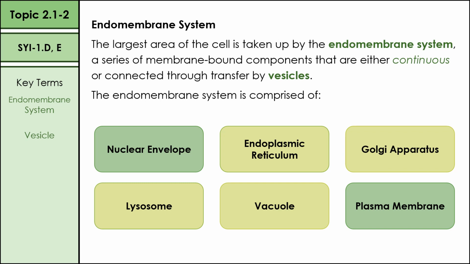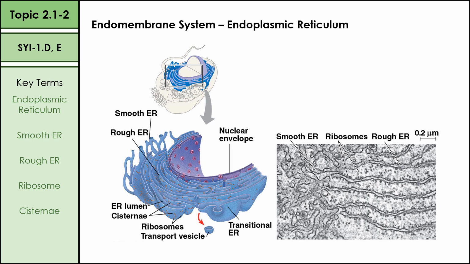So we're going to look at 6 major components, 2 of which we've already covered, those being the nuclear envelope and the plasma membrane. But we have yet to get into the endoplasmic reticulum, the Golgi apparatus, and the lysosome, and the vacuoles. So we're going to start with the one that is connected to the nucleus, that being our endoplasmic reticulum.